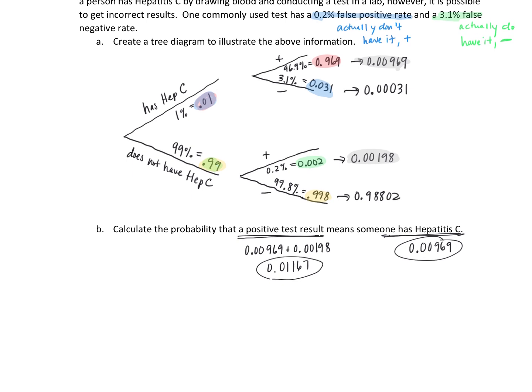It's going to be 0.00969 divided by 0.01167. And when you do that, you get 0.830. So approximately 83%. So if you get a positive test result, you will actually have hepatitis C 83% of the time.